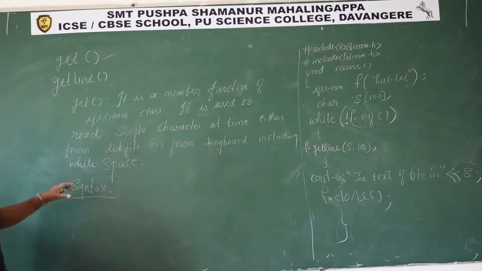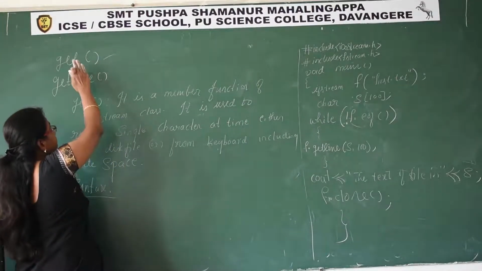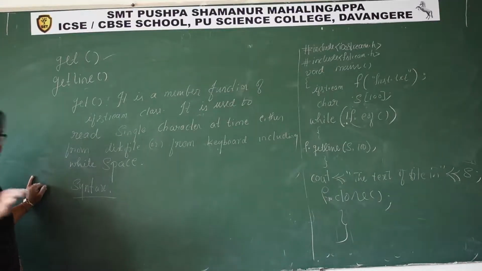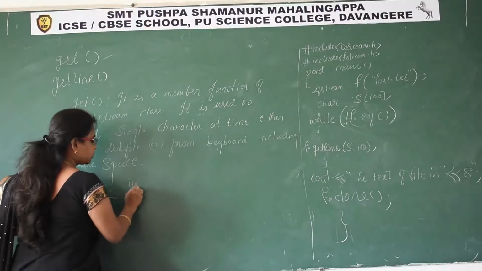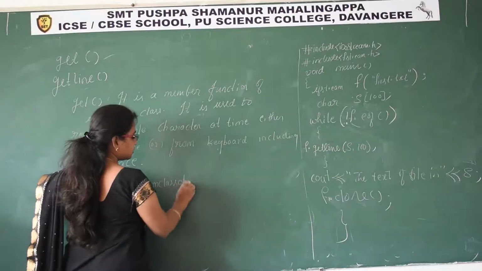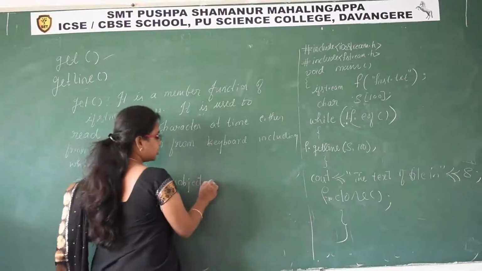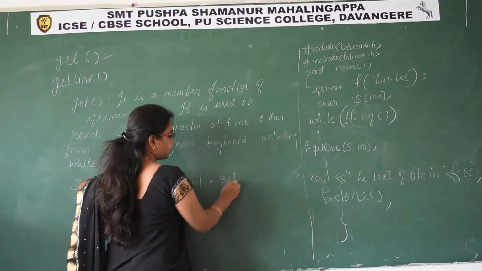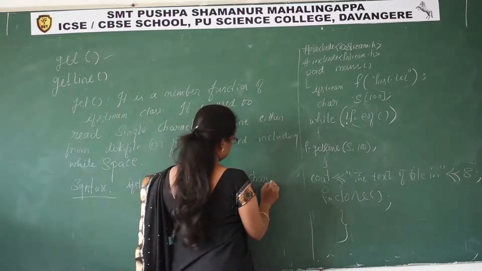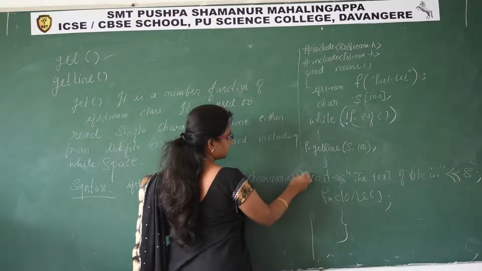I'll write a syntax regarding the file. The get function is related to the read operation, so I must use an ifstream class object. Syntax: ifstream class object dot get function, character char variable semicolon.